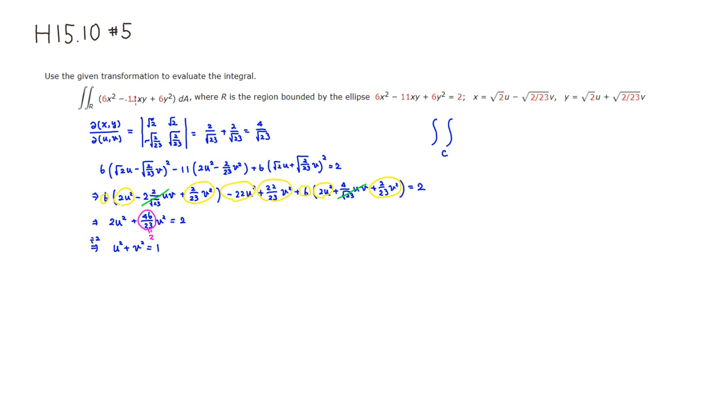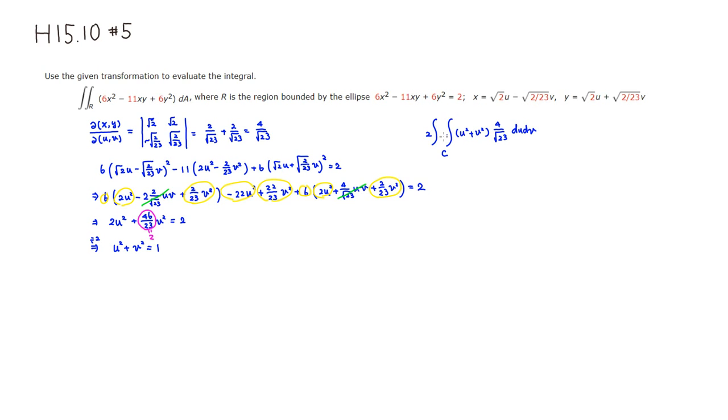And the 6x squared, this guy we just computed, is 2 times u squared plus v squared. Then the Jacobian is 4 over square root of 23, and then the area element du dv.